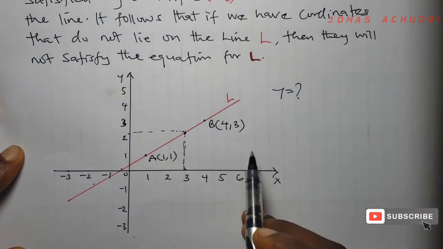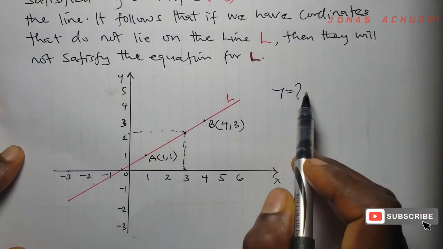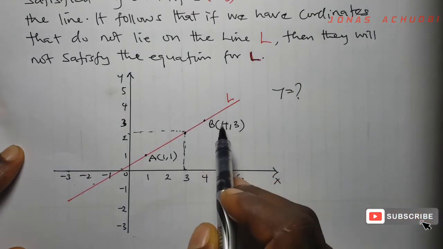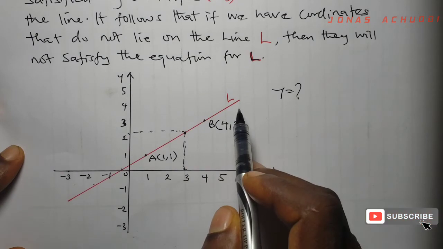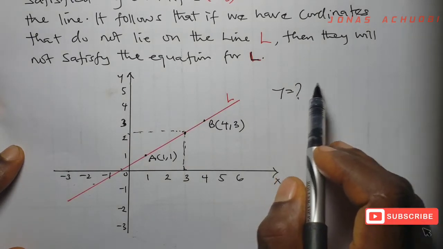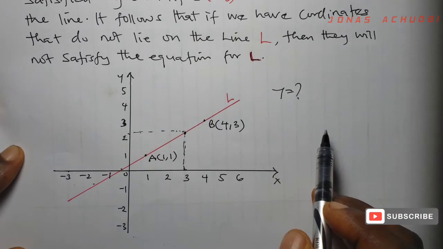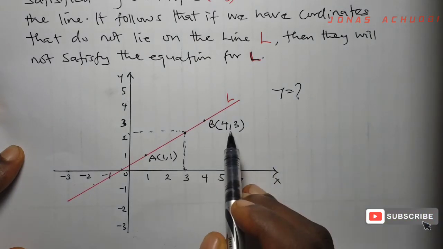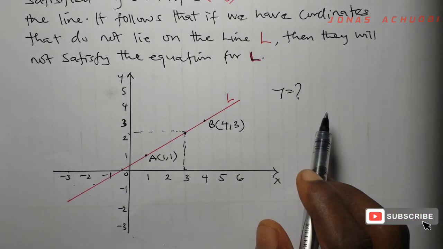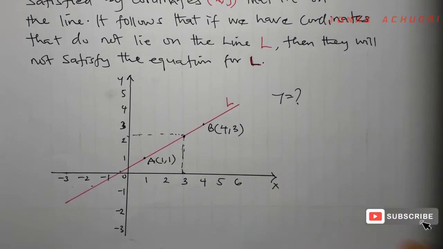The condition is this: for such an equation to be the equation of this line L, the points A and B and any other point on line L must satisfy the equation y equal to whatever it is. How points A and B satisfy the equation is what we shall look at a little bit later.